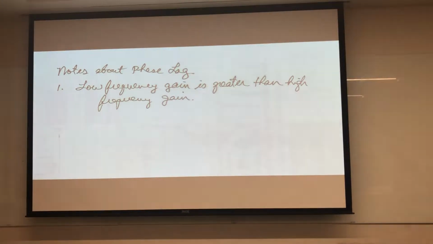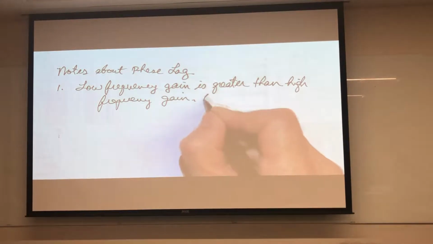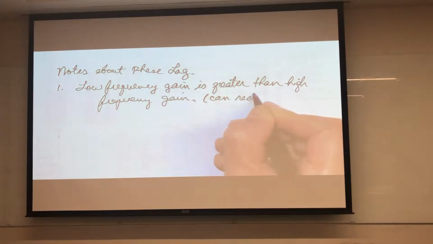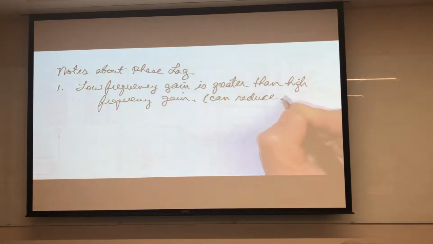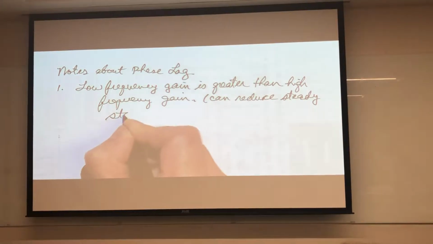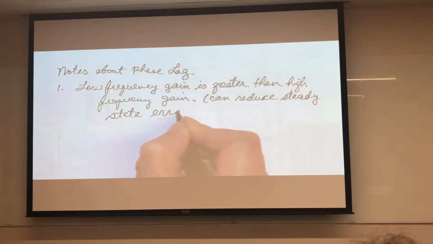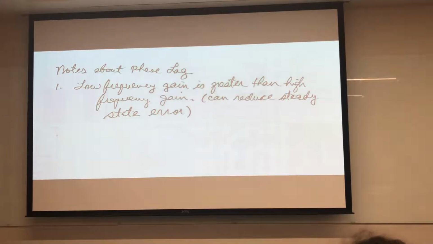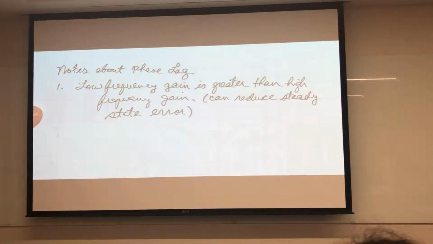So if we're interested in improving low frequency gain for some reason, for example, we want to reduce steady state error, a phase lag compensator would be a logical choice.